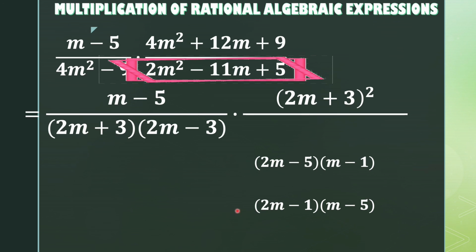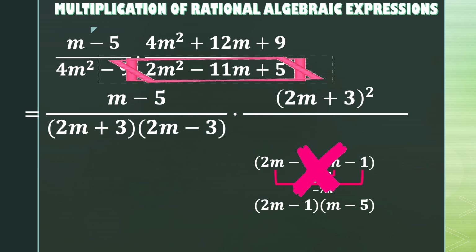So, trial and error po tayo. So, the first try natin, negative 5 times m is negative 5m. 2m times negative 1 is negative 2m. Then, magkapareho sila ng sign, i-add natin, that is 7. At ang sign nila is negative, so negative 7m, magkaiba sa ating middle term, which is negative 11m. So, mali ito.